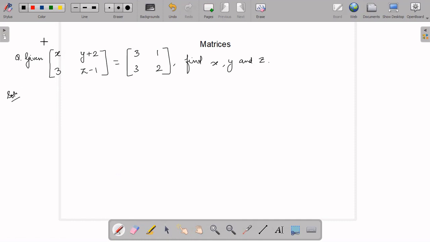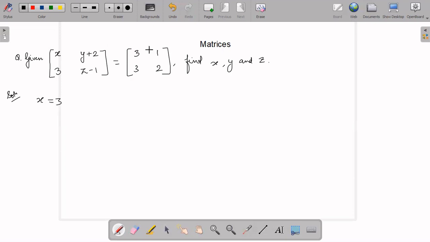You see, they have told us that this matrix is equal to another matrix. So what have we studied in the very previous lecture, that when two matrices are equal, the corresponding elements are equal, means x is equal to this 3. So we have got the value of x.